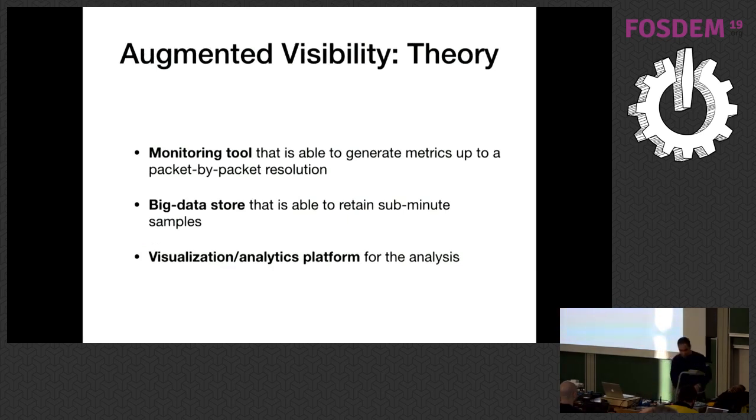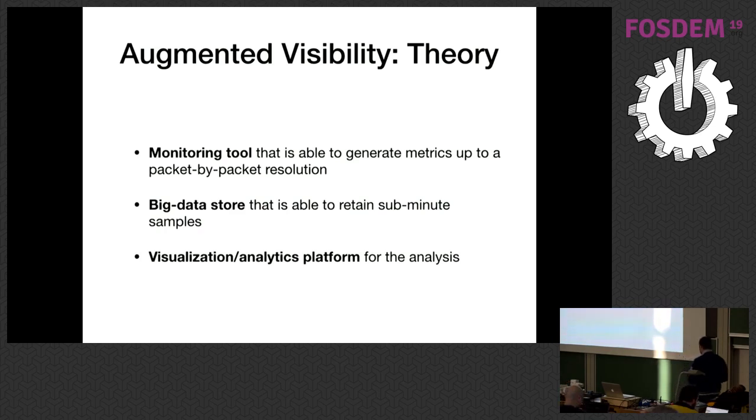Okay, so now that we have seen the motivation and how useful it can be to have high-resolution metrics, let's see how we can build a solution using open source software. What do we need to build this solution? Basically, we need 3 pieces of software.